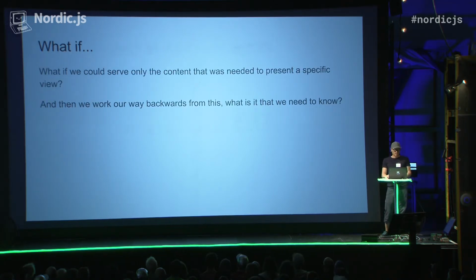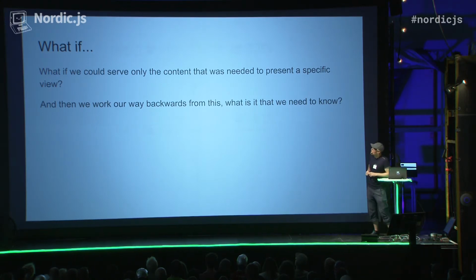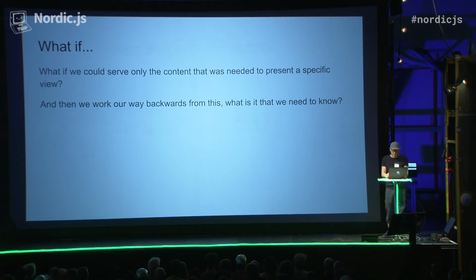Let's see here, what did I say? Right, so if we needed to present a specific view, what is it that we need to know in terms of this data-centric way of working in order to make this happen? The goal is basically to produce a web page, but we want to know every dependency up front so we can do that really quickly.